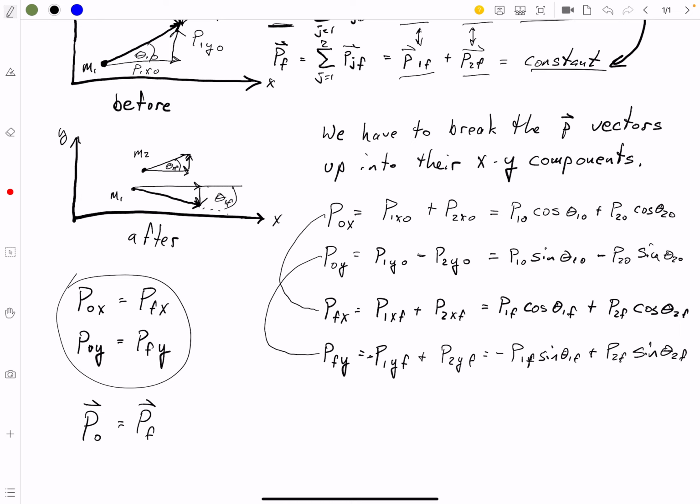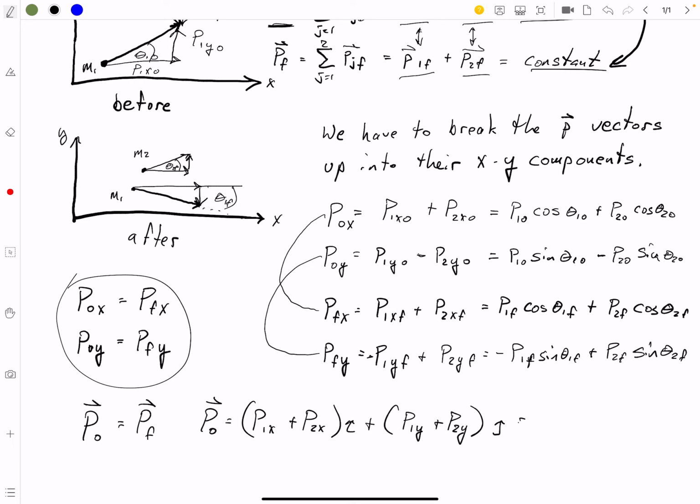If we were to say what P initial was, it's really P1x plus P2x in the i hat direction, and we're going to add P1y plus P2y in the j hat direction.